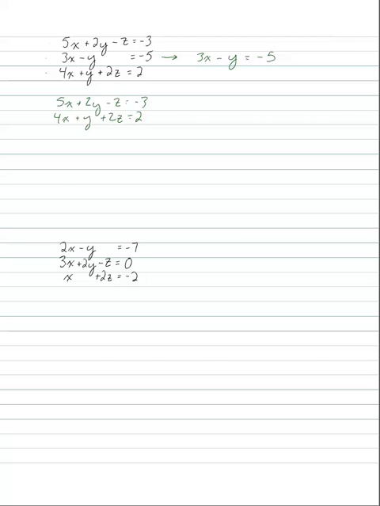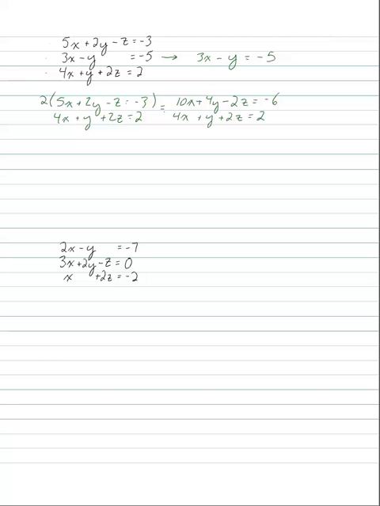Okay, so to do this, I'm going to have to multiply my top one by a positive 2. So I will get 10x plus 4y minus 2z equals negative 6. Recopy my other one, 4x plus y plus 2z equals 2.